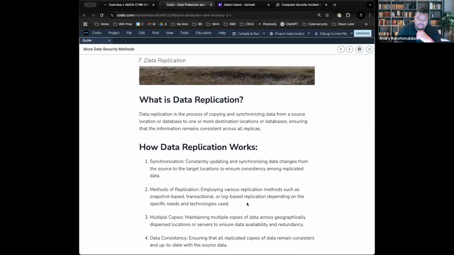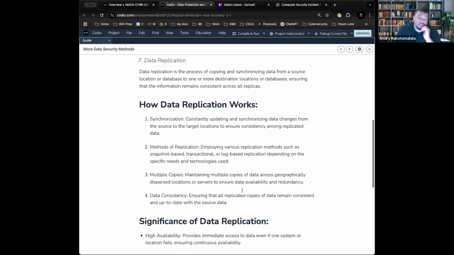There's also transactional, which means you only back up the things that are required, and then log-based, if there's a specific need for that log. Then multiple copies. All this means is that of those 4 locations, one of them is in the building next to us, one of them is on cloud, one of them is in another country, and one of them is offsite, right? So you need to have multiple copies in all those locations.